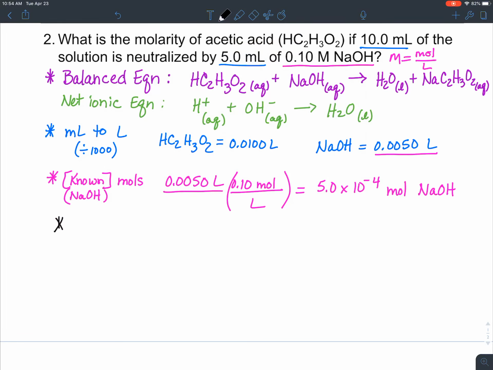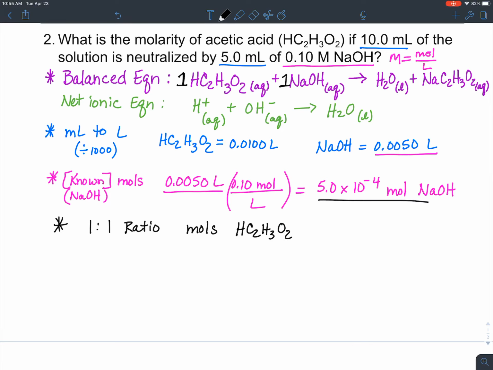So, since we have a 1-to-1 ratio, the moles of our acid, HC2H3O2, are also going to be this value right here.